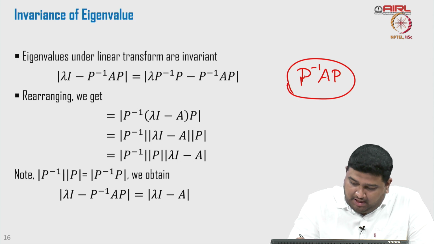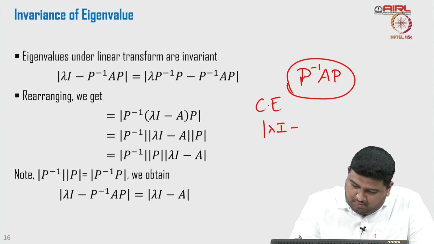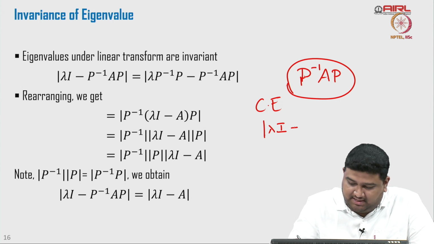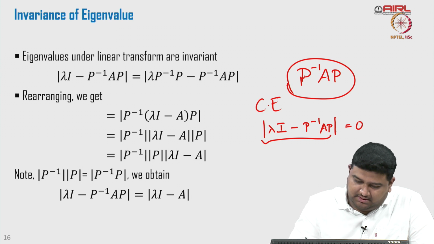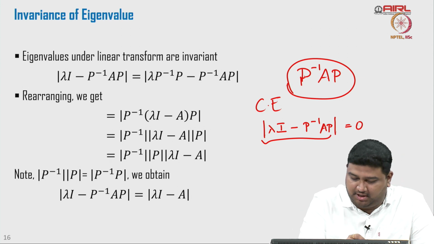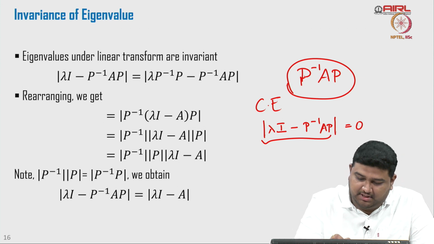To find the eigenvalues, as you remember, we look at the characteristic equation, determinant of lambda I minus whatever matrix you need to find the eigenvalues of. Here in this case we want P inverse AP, and we equate them to 0. This is how we find them. Now let us just consider this polynomial, the determinant of lambda I minus P inverse AP.